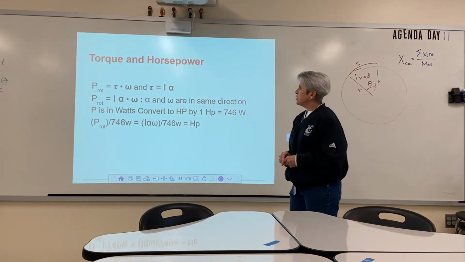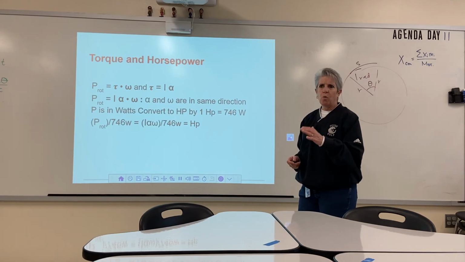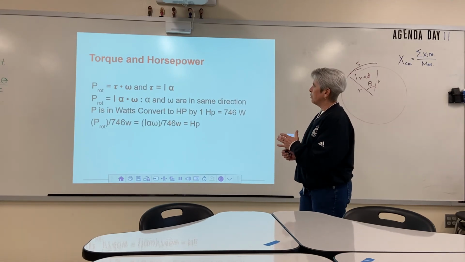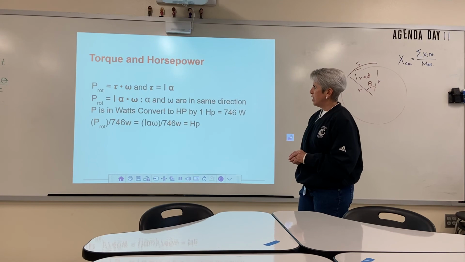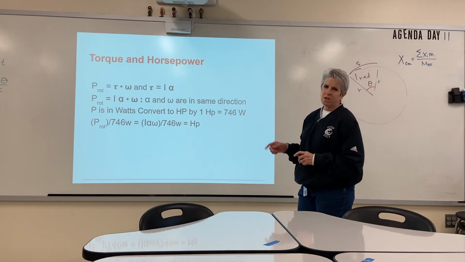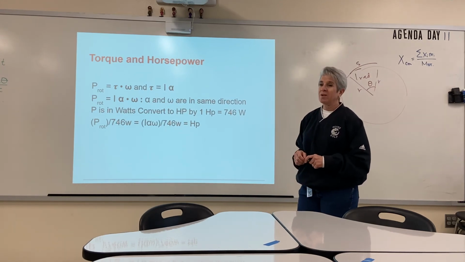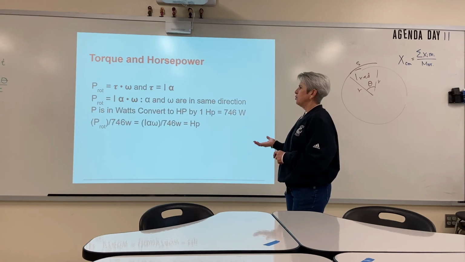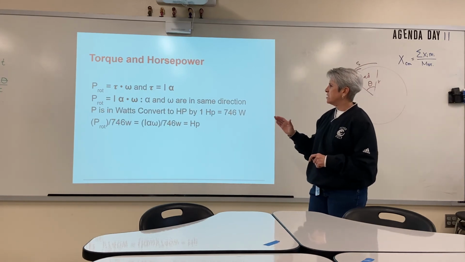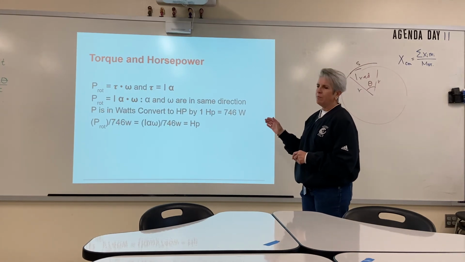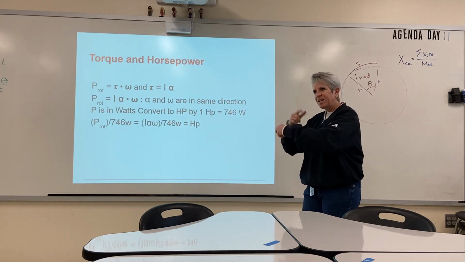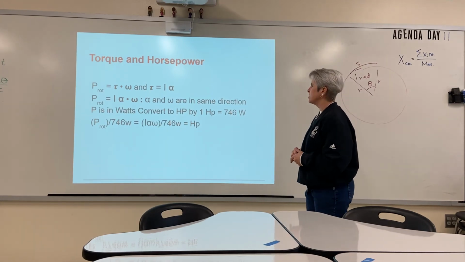All right. So we said that power was in watts, but we also know that power is in horsepower. So rotational power is torque times omega. And remember, torque is I times alpha. So that becomes power is I alpha times omega. And alpha and omega are going to be in the same direction because we're increasing our angular velocity.